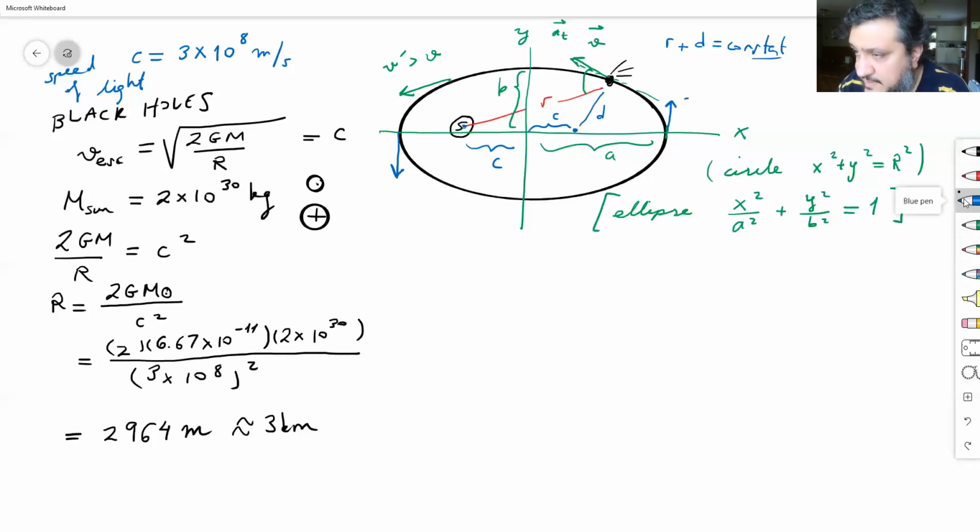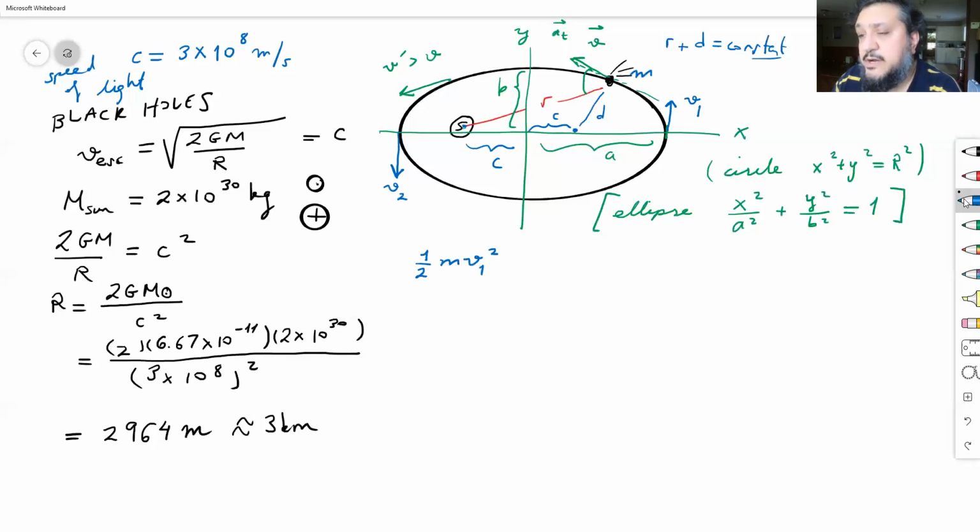Let's call this V1, and let's call this V2. How am I going to do that? Well, I'm going to use the total mechanical energy, which is the sum of kinetic and potential energy. So basically 1/2 m, where m is the mass of the comet.